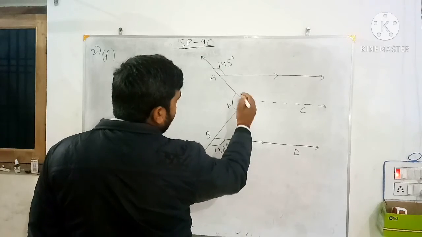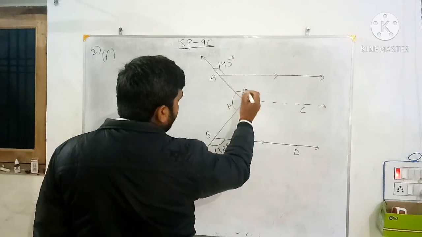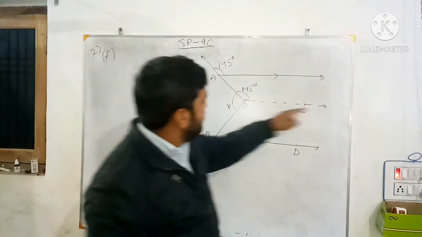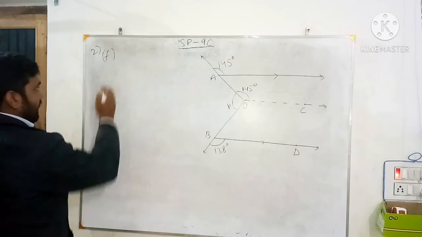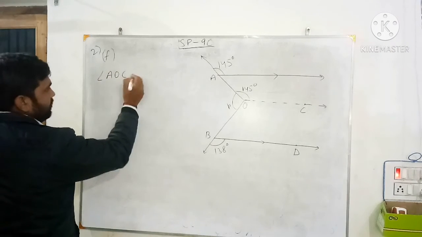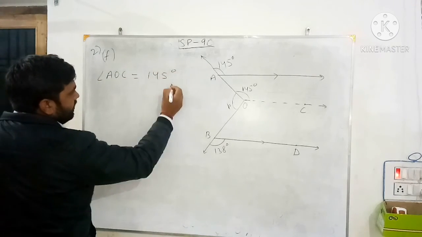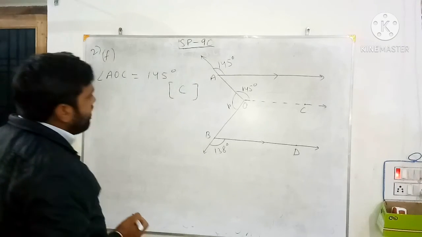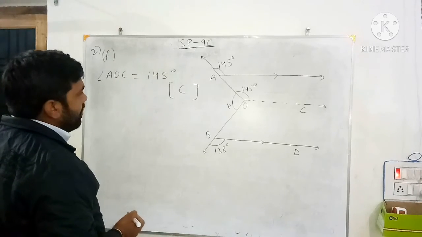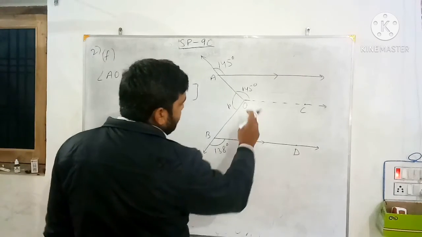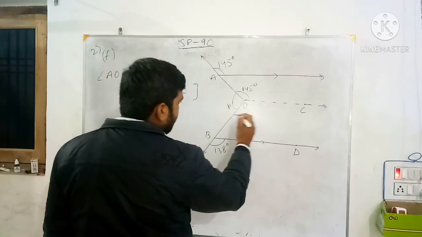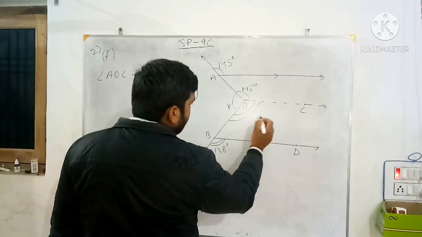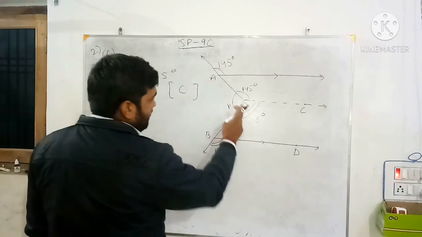So this will be the corresponding angle. Now this angle will be equal to 145 degrees, a corresponding angle. It means angle AOC is equal to 145 degrees. You can write the reason: corresponding angle, capital C. Now here you can see this line is parallel to this line, so this angle will be the corresponding angle, 138 degrees, same reason.